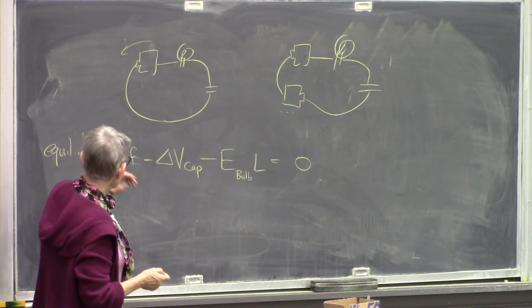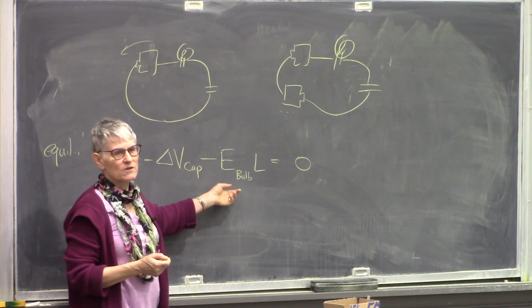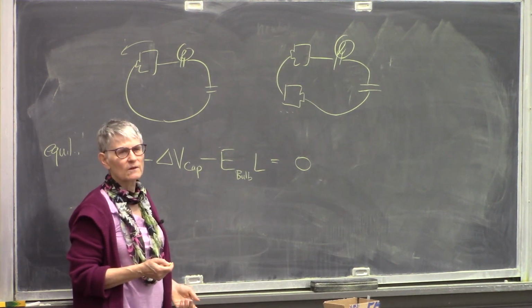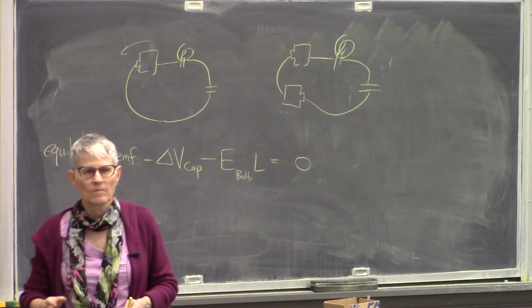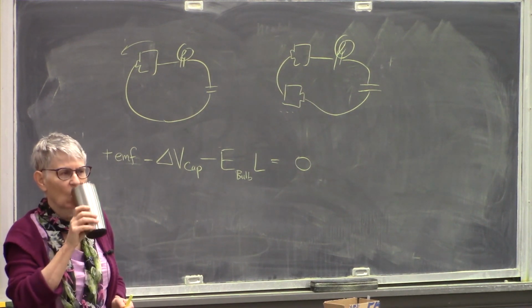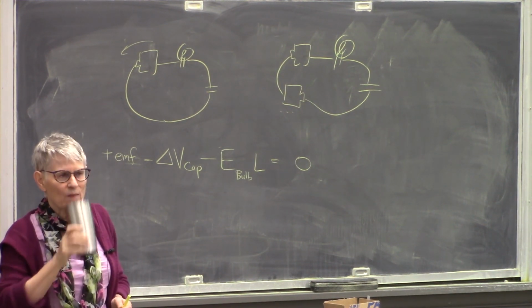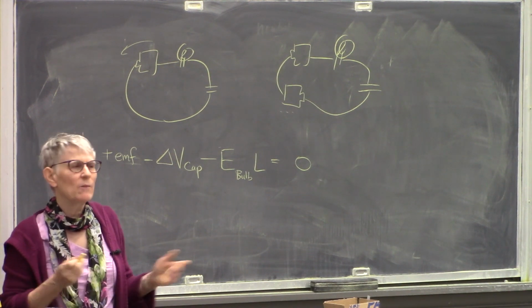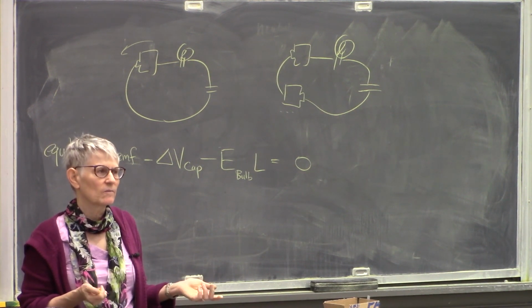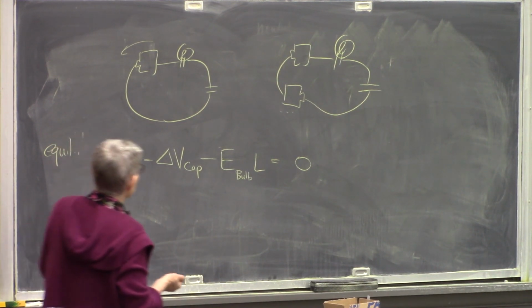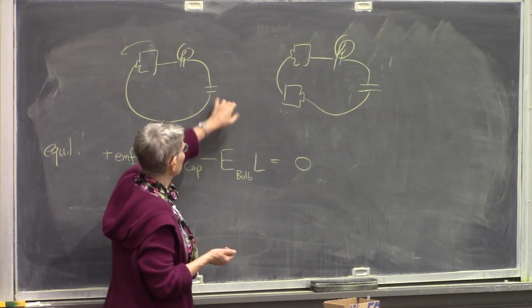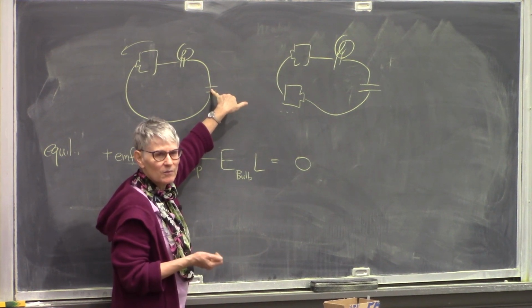Now, in this equation at equilibrium, is any term 0? Is the EMF of the battery 0? No. The potential difference across the capacitor is probably not 0, because now we have charge on the capacitor.